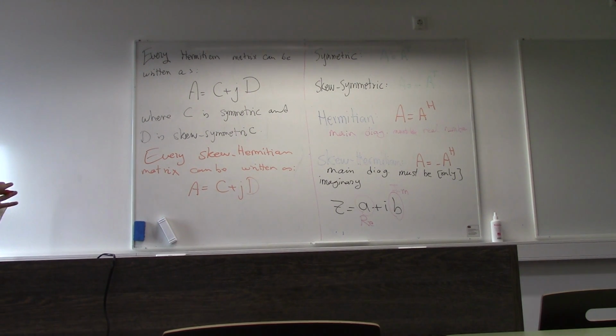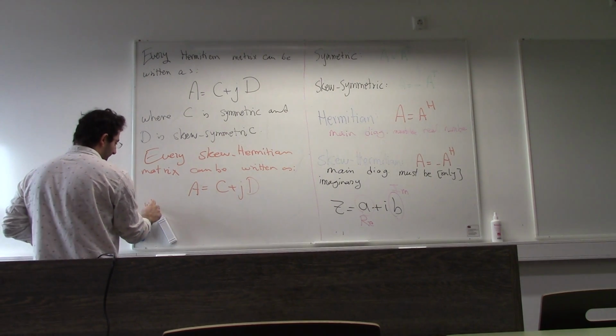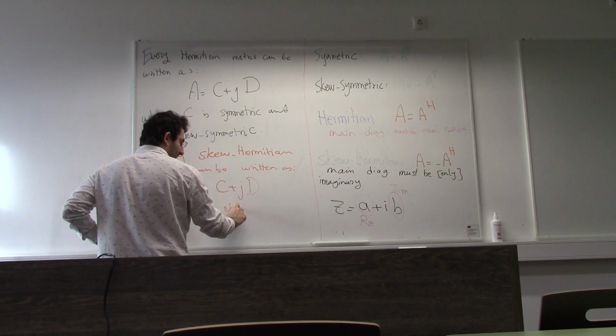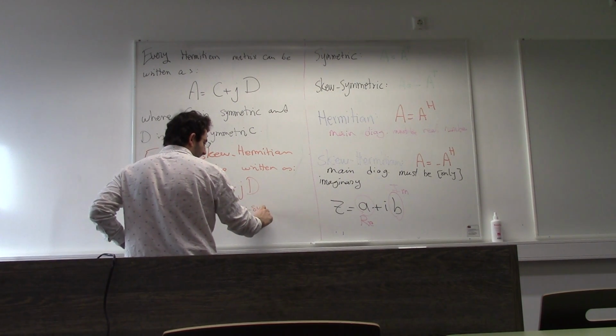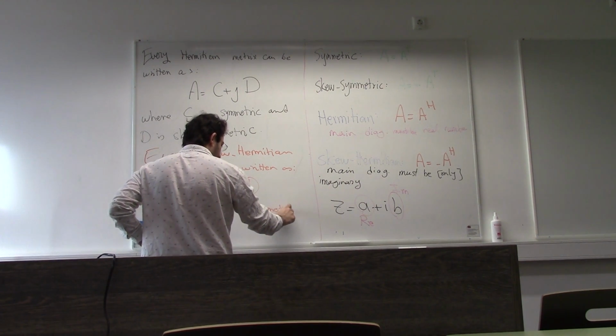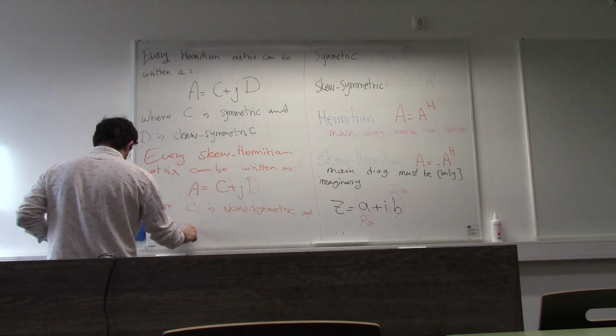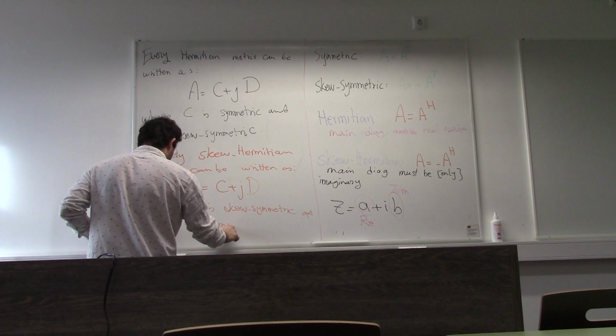What can we say about C and D? Where C is skew symmetric this time, and D is symmetric.